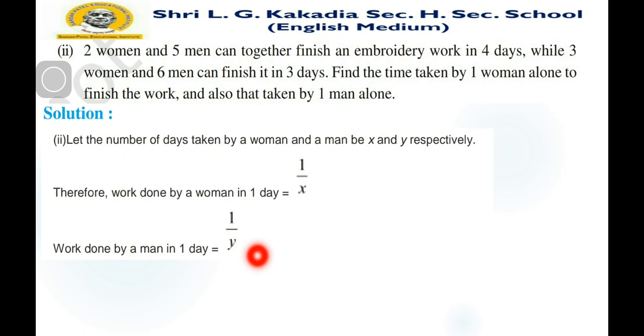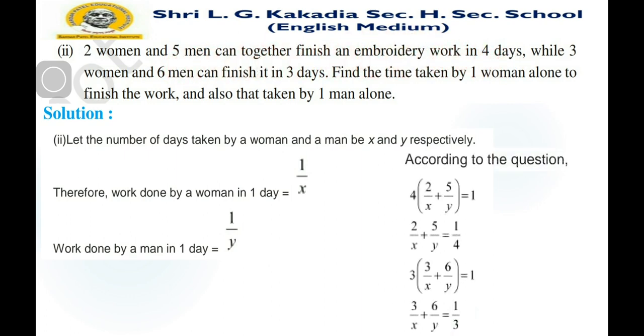Now from the first line we can find such an equation, according to the question, the work done is equal to 1 work. 2 by x means work done by 2 women, that is multiplication of 1 over x, and 5 men with capacity 1 over y. Then we can find 5 by y, and it is done in 4 days is equal to 1.